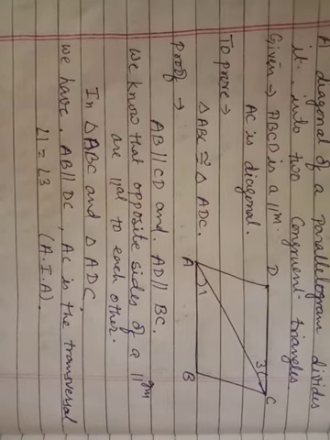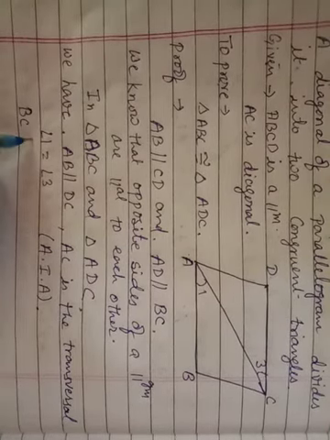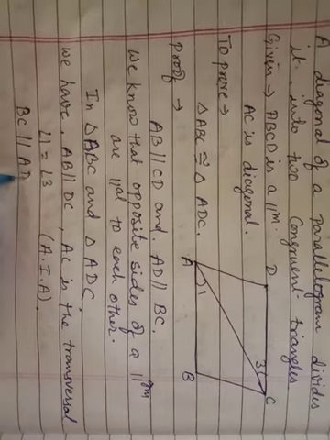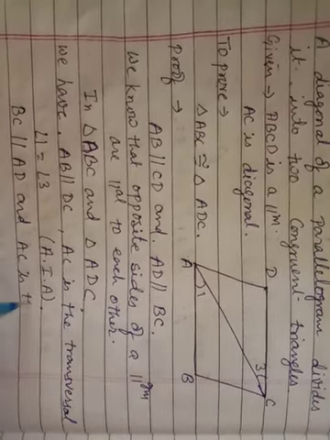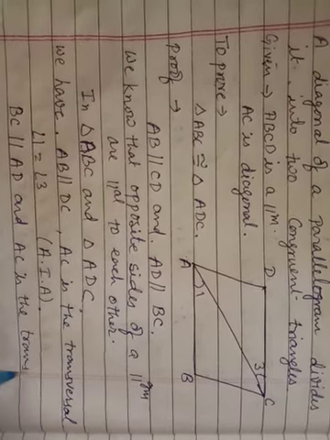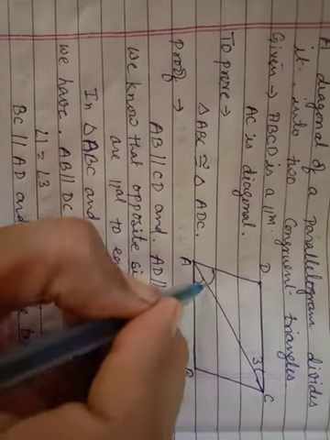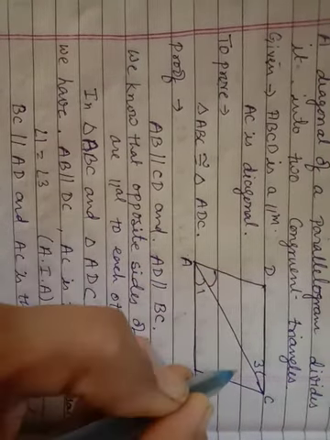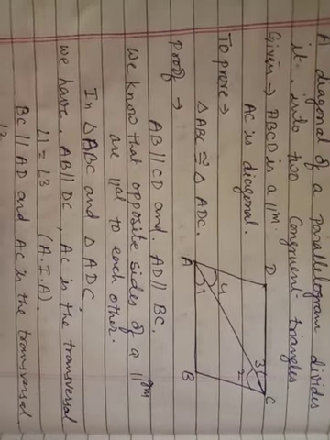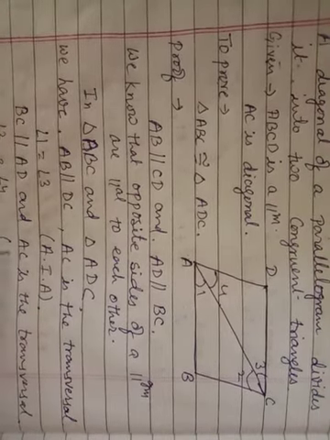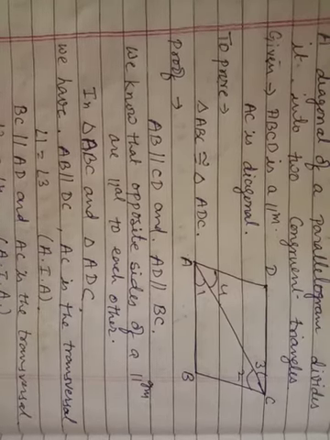Now BC is parallel to AD and again AC is the transversal, so we can say that angle 2 is equal to angle 4, alternate interior angles.